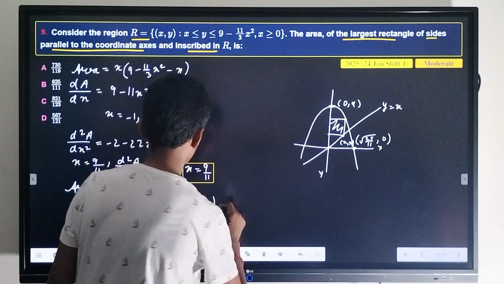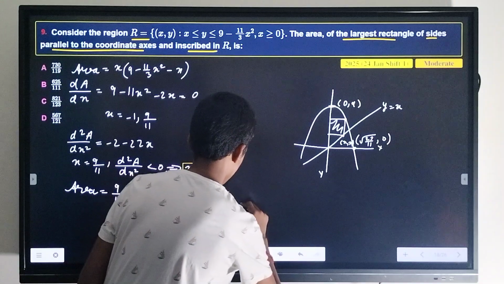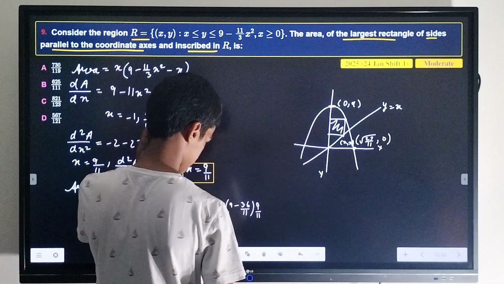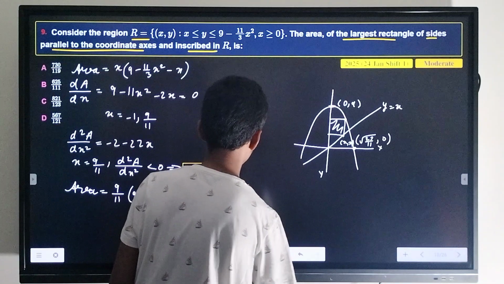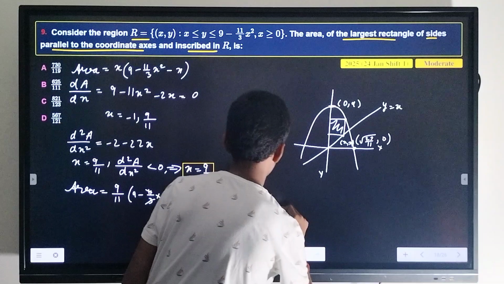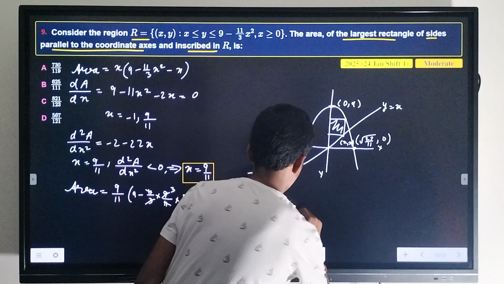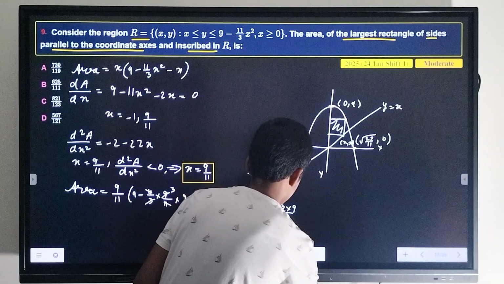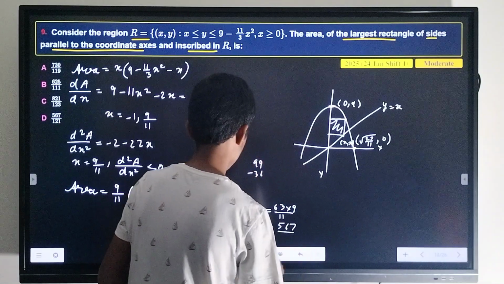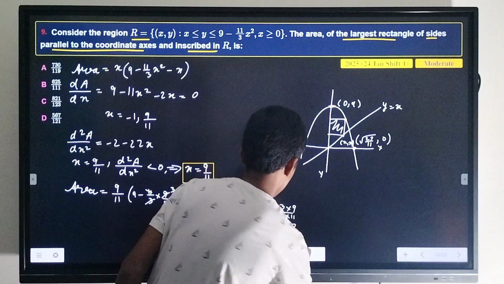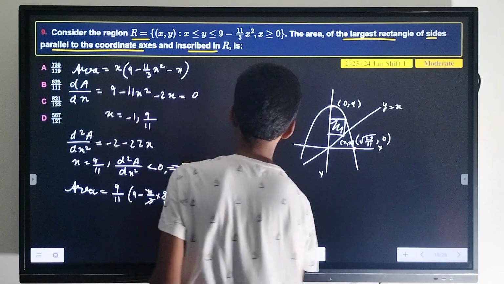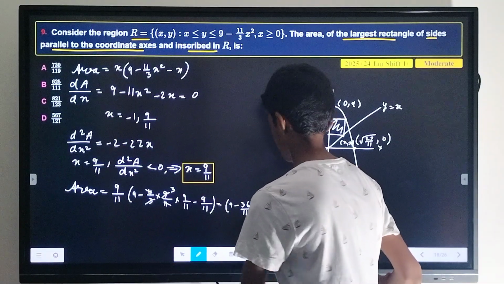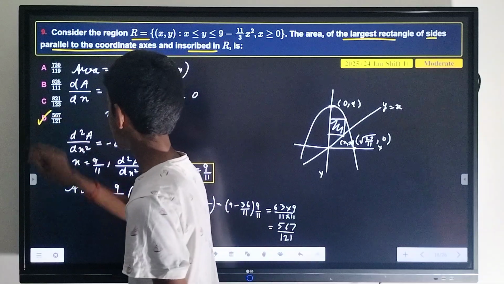So this is equal to 9 minus 36 upon 11 into 9 by 11. So this is equal to 99 minus 36, 63, into 9 upon 11, which is 567 upon 11 into 11, that is 121. So from here, let me check this, our option D is correct.